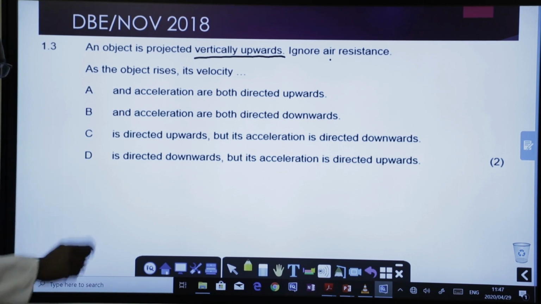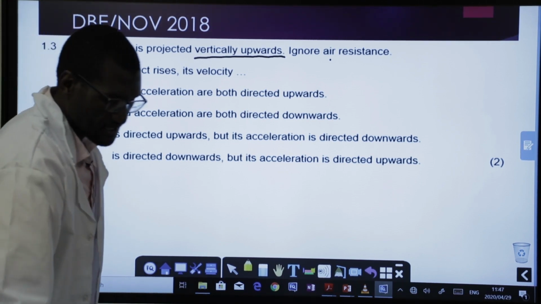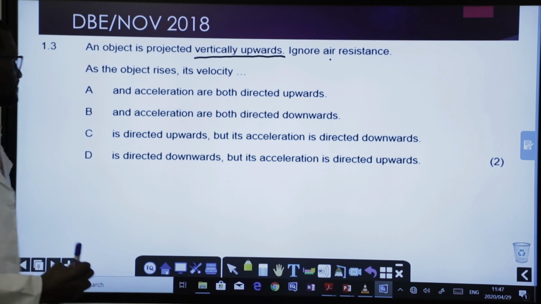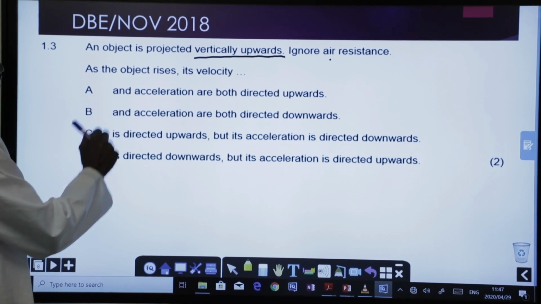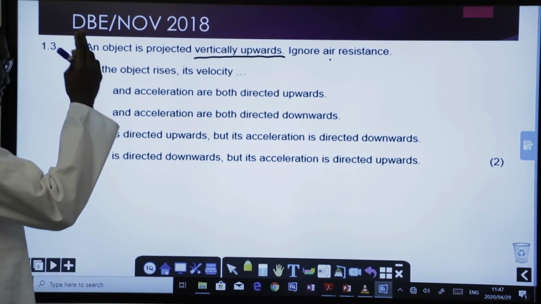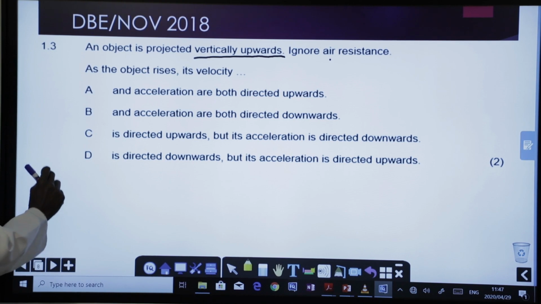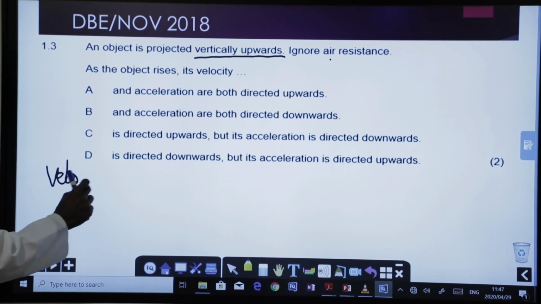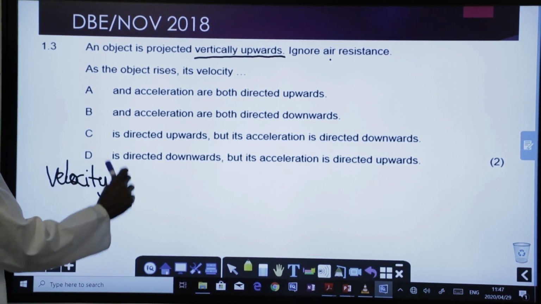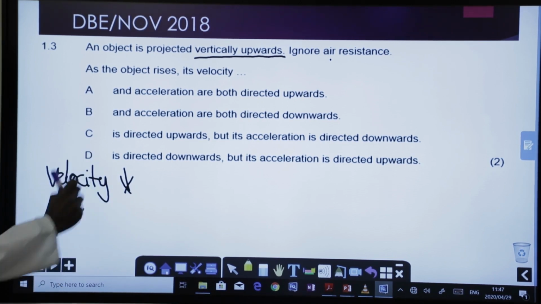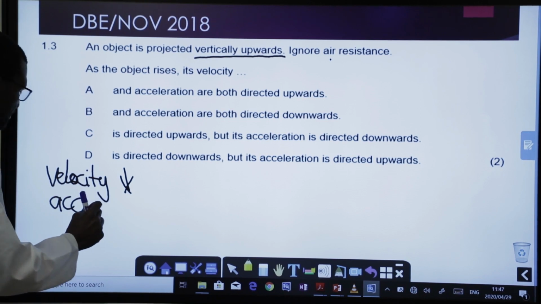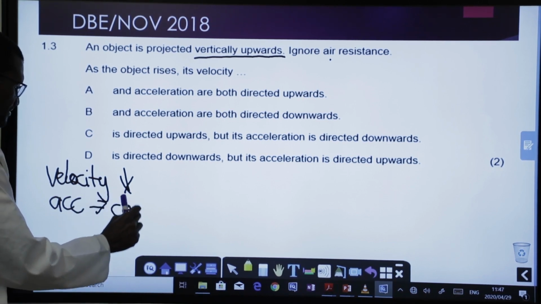As the object rises, its velocity, what do we know? As an object rises, we know that its velocity decreases, its acceleration is constant.